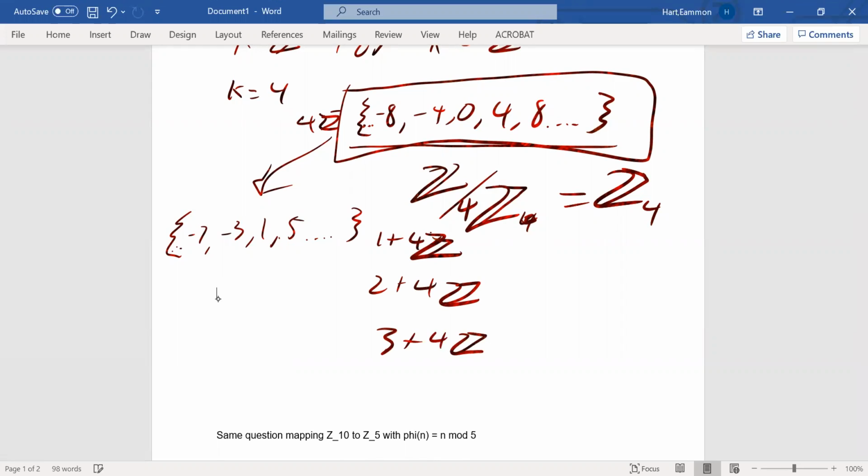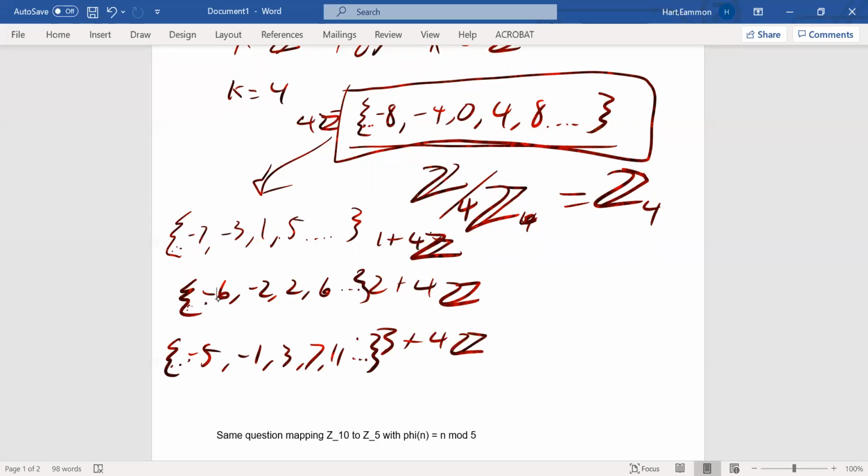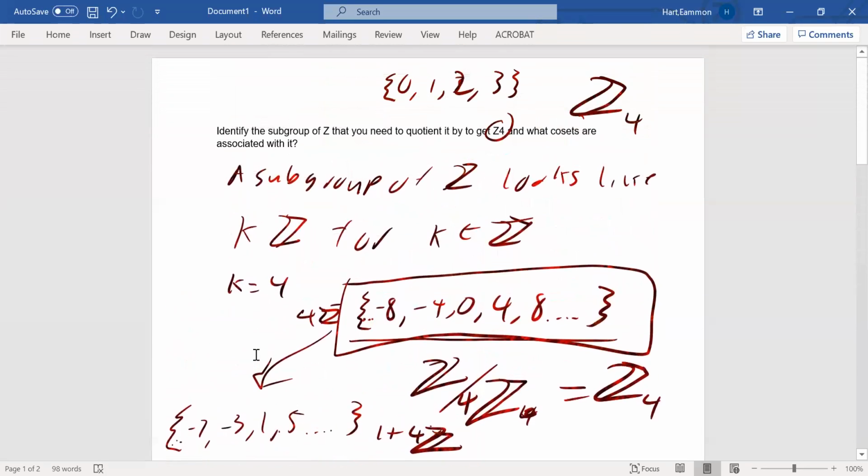And 4 plus 4Z just brings us back around to where we started. So this is negative 2, 2, negative 1, 3. So these are going to be the 4 of them. Okay, cool.